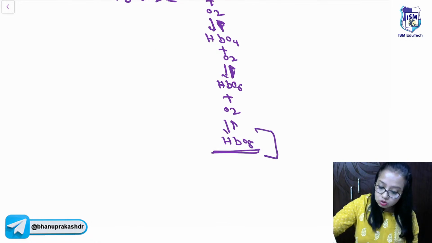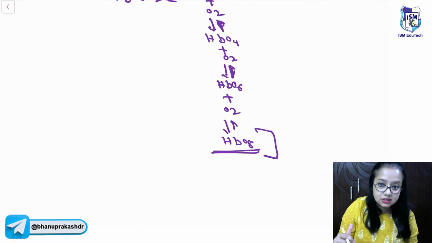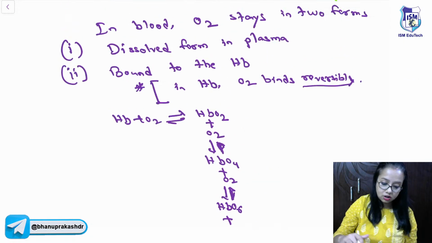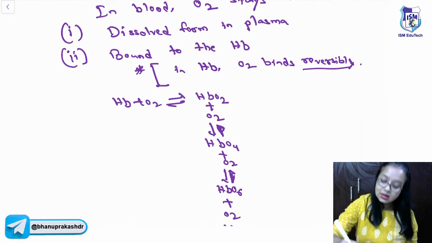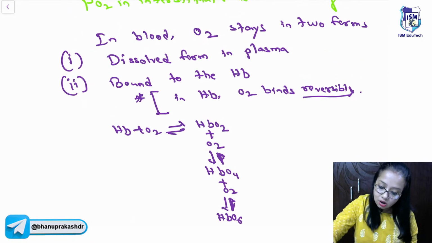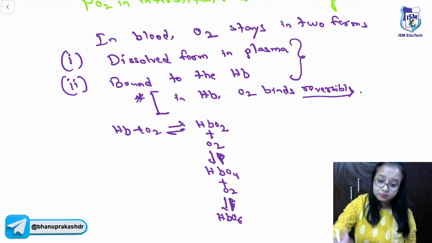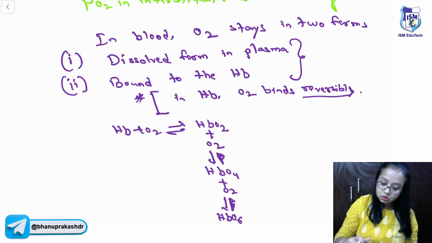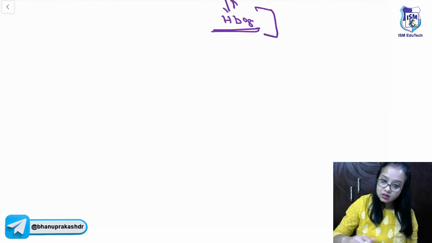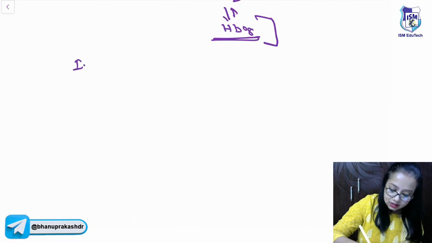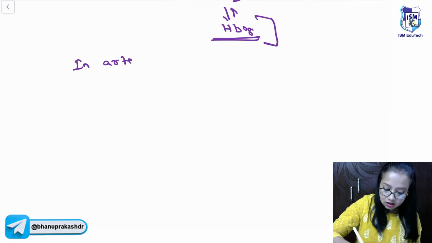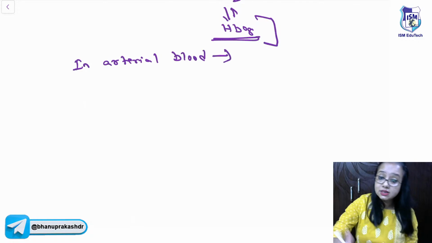So the total content of oxygen is the summation of the dissolved part as well as the bound part. How do we calculate that? Say, in arterial blood, what is the content?